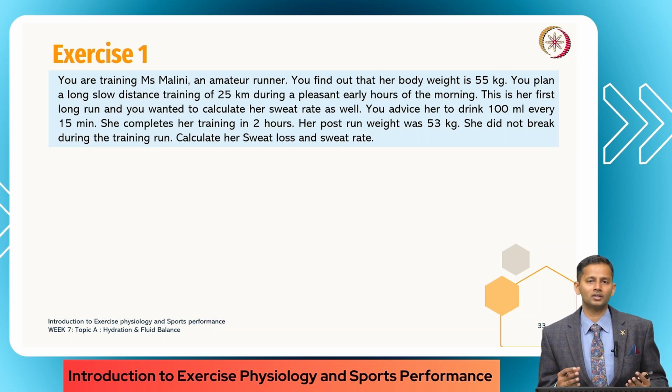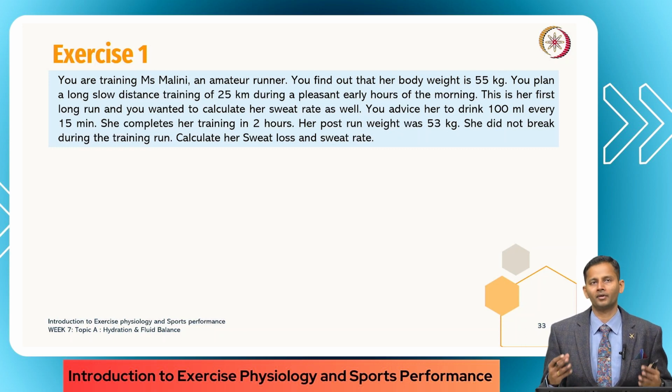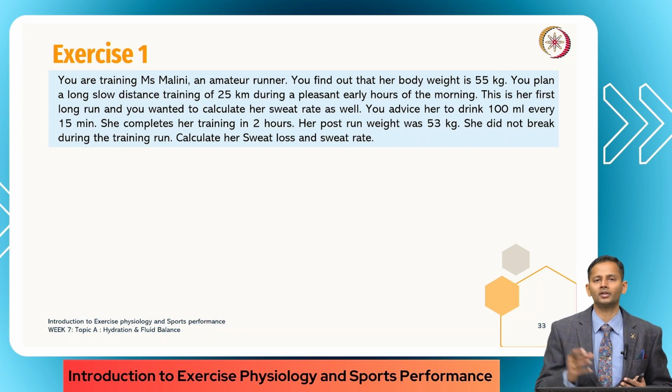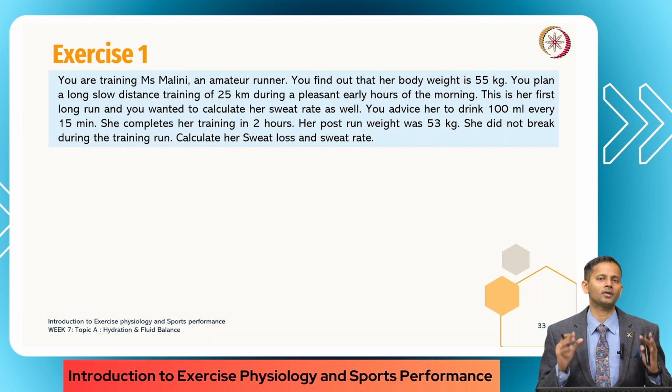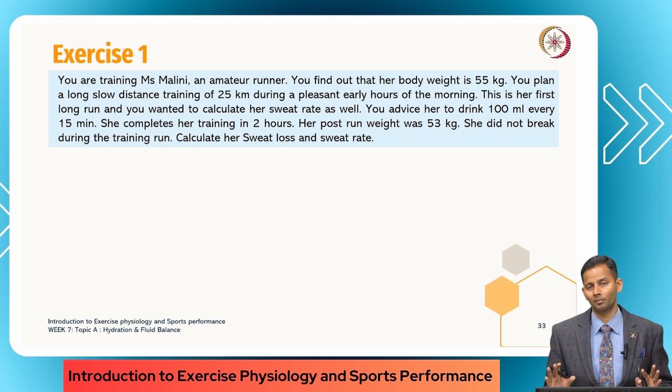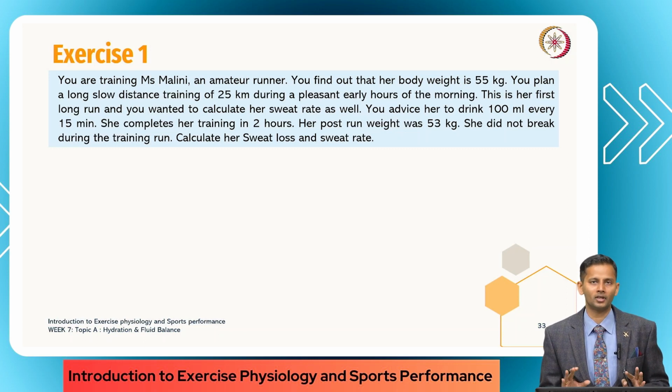Since she is a fresher, you advise her to drink 100 ml every 15 minutes as she is doing the practice. You are accompanying her on a cycle, and you are giving the fluid to her every 15 minutes. She completes the training over 2 hours. So she ran 25 kilometers, and completed it over a 2 hour period.